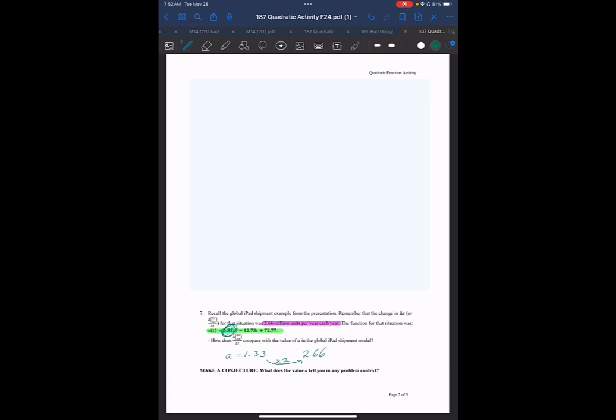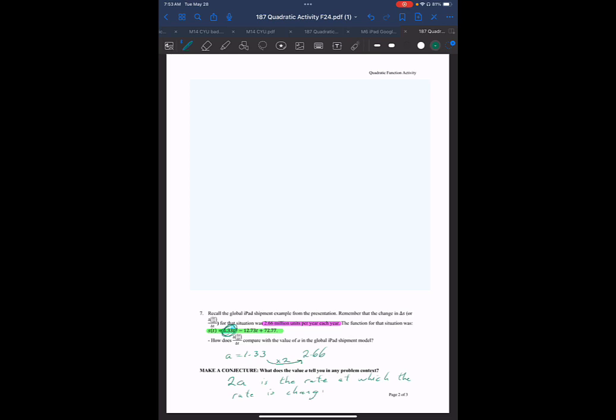So what conjecture can I make? What does the A tell me? I know that if I take the A and double it, so 2A, is the rate at which the rate is changing.